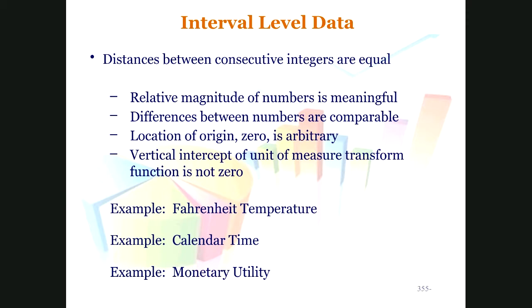We're going to talk about the interval level, where the distances between consecutive integers are equal. That's why it's referred to as the interval level. In the previous example, when you had the survey, you don't know what the difference is between the levels. That's something that you really can't discern.